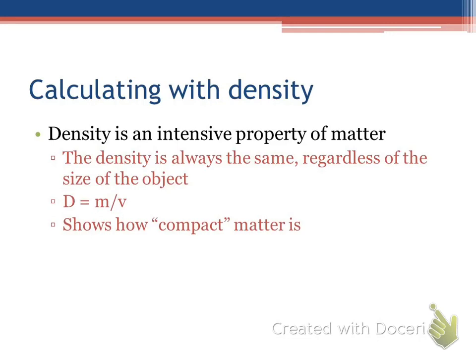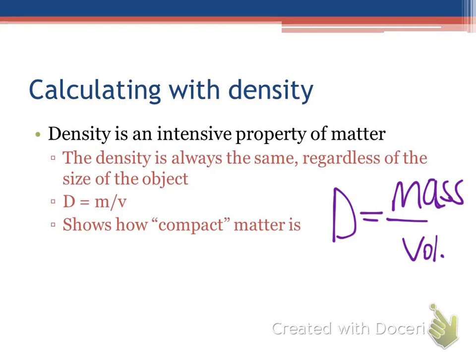The equation for density is D equals M over V. And M stands for mass. And V stands for volume. Okay, mass over volume.